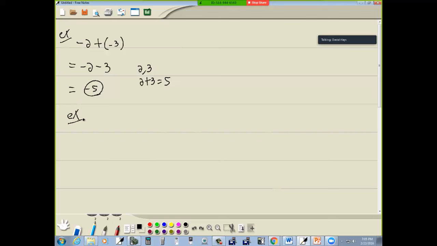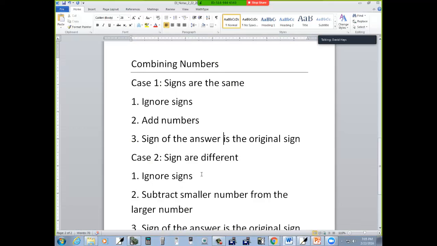Now another example, let's say we've got negative 7 and we have minus negative 2. No matter where you are in algebra, you always want to apply those shortcuts. So here we've got a negative, parentheses negative, so that's going to become a positive. And now we're combining these numbers together, and we've got case 2.